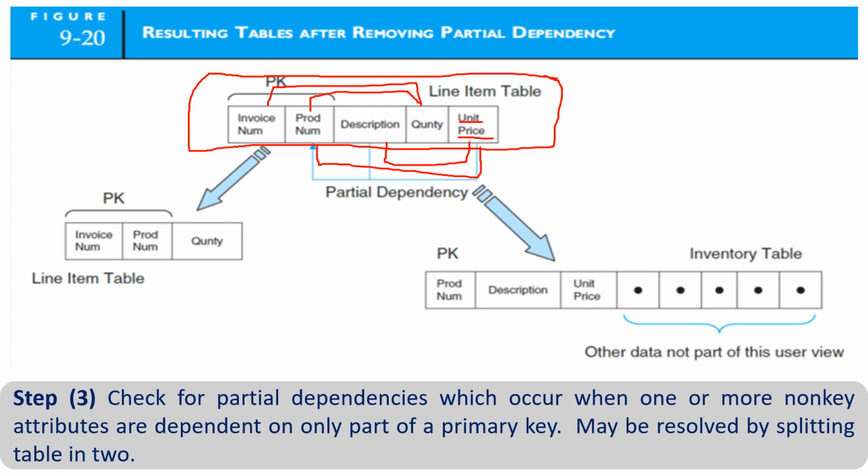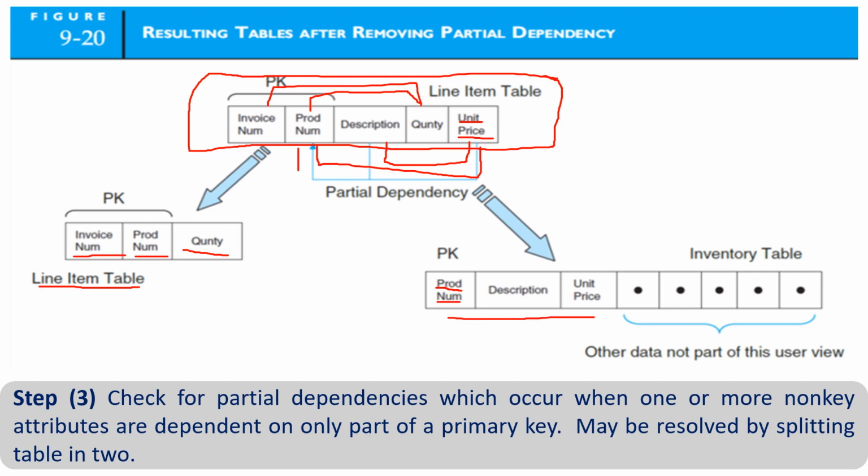One table will be the line item table, which will carry invoice number, product number, and quantity. Okay, which meets all of the requirements of the normality. And then we have the separate second table, which is product number, which comes from here, and then description and price.